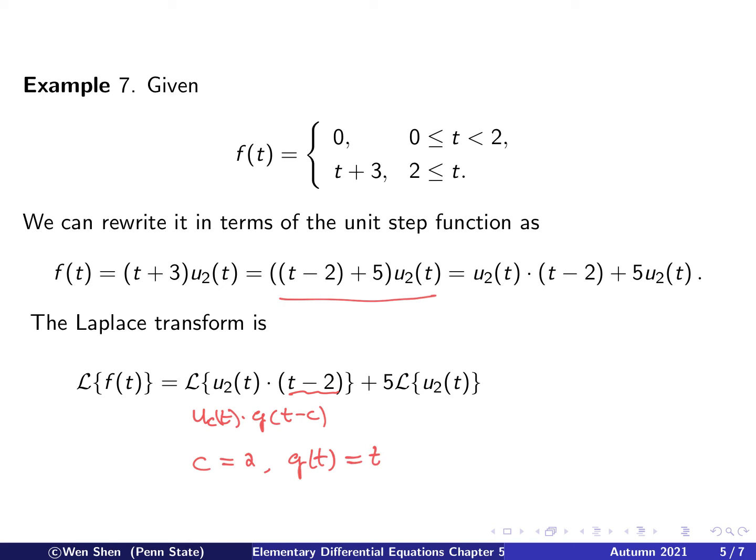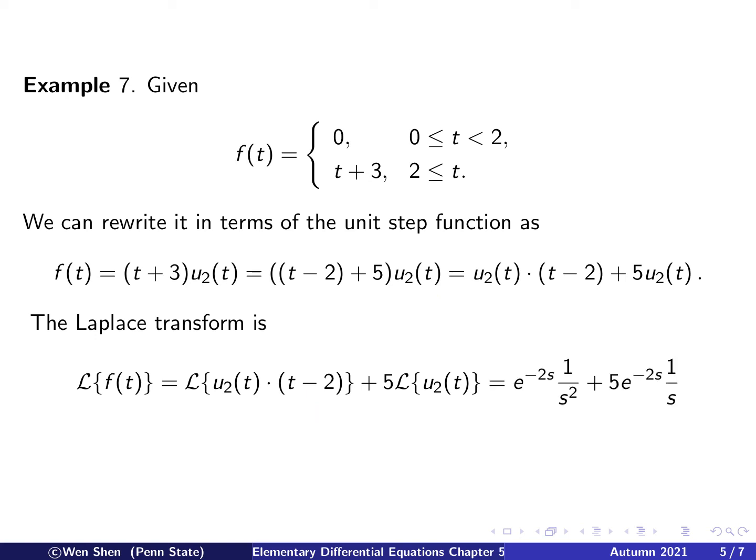And then you can apply the shift theorem for this part. We have done this already once this is figured out. And then the Laplace transform of the step function, which we already know, we can put it in. So this gives us e to the negative 2s, that's the 2 here, times the Laplace transform of t, which is 1 over s squared. And then 5 times the Laplace transform of u2 is e to the negative 2s times 1 over s.